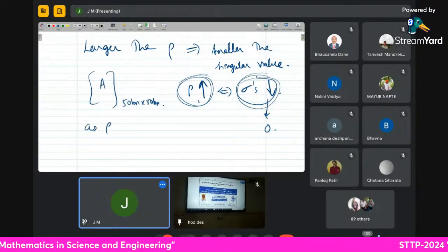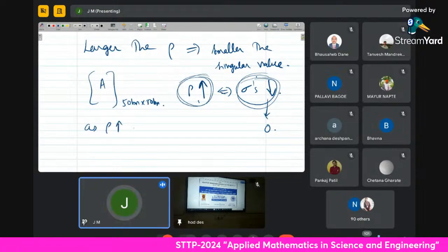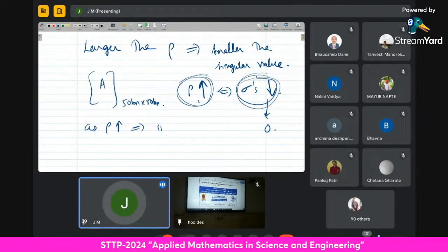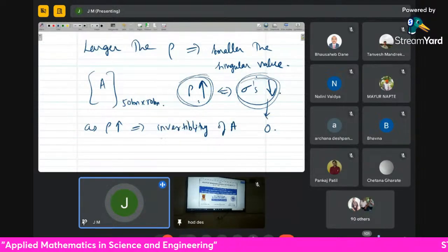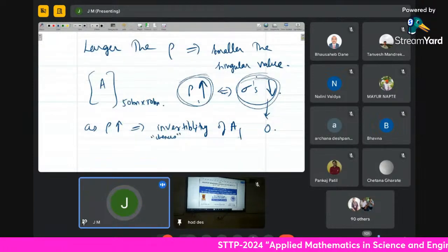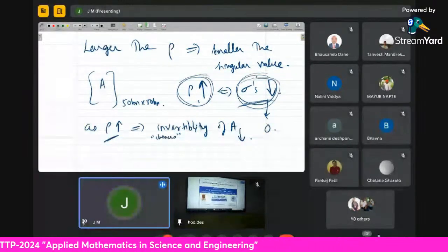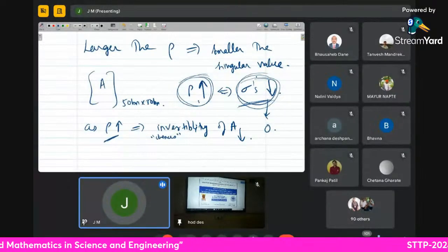As rho keeps on increasing, the chance of it being zero grows, and we know that the matrix is invertible if all the singular values are non-zero.